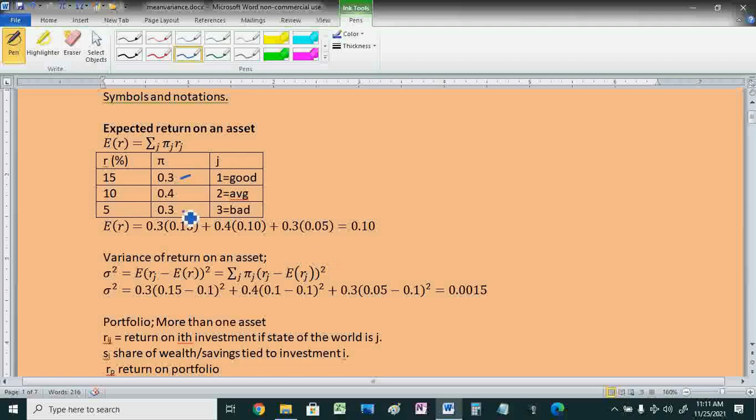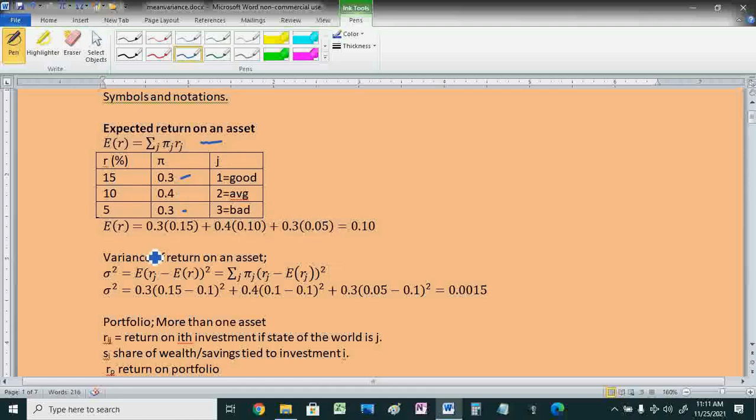So we want to find the expected return on this investment or on this stock and the risk that might be associated with it. Here I have written the formula for expected return. You might be able to recall this: probability times the return in a particular situation, and we sum all these up.